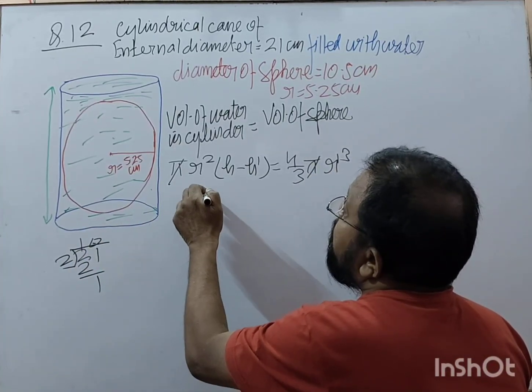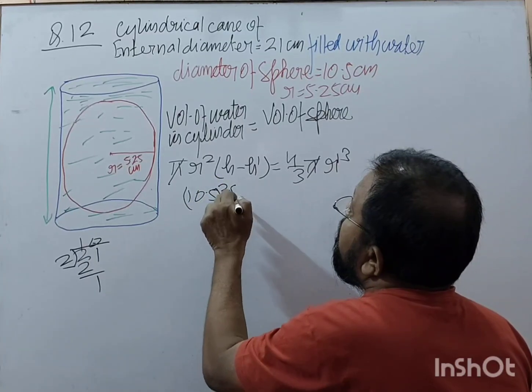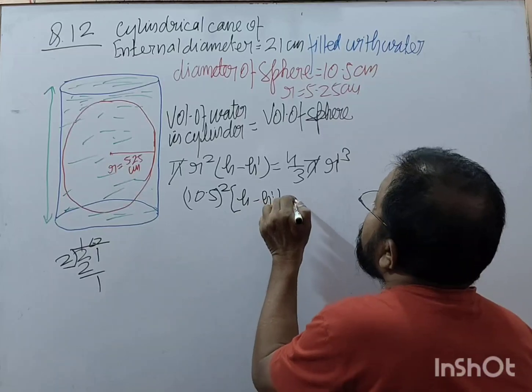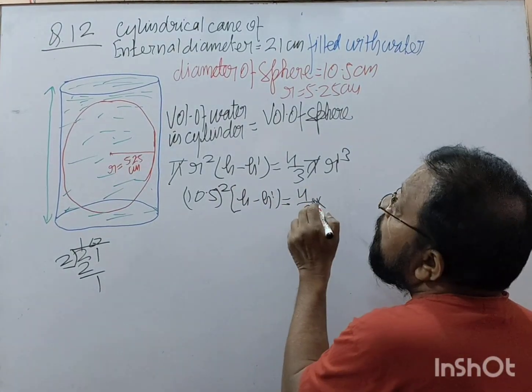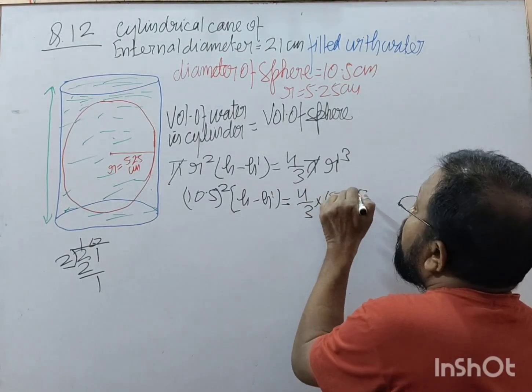So 10.5 whole square into (h minus h dash) is equal to 4 by 3 into 5.25 whole cube.